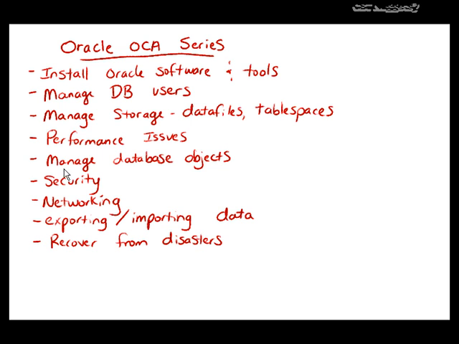You're going to have to manage and manipulate database objects. Well, what do I mean by an object? Well, it could be a table, it could be a constraint, a trigger. We'll cover all the different types of objects here, as well as security. Security is huge. If you don't have a secure database, you're leaving yourself wide open to all sorts of hackers out there.